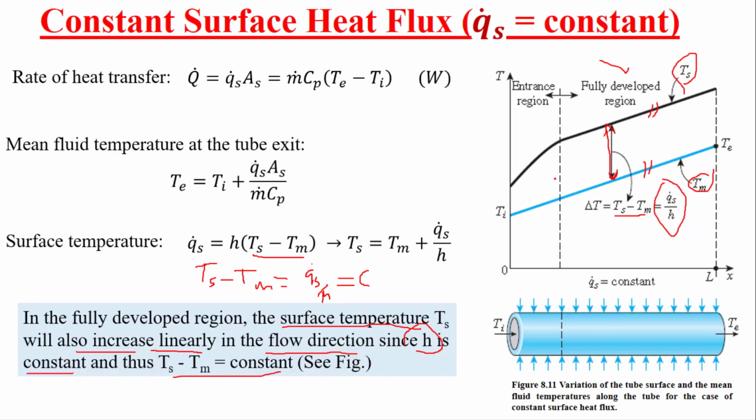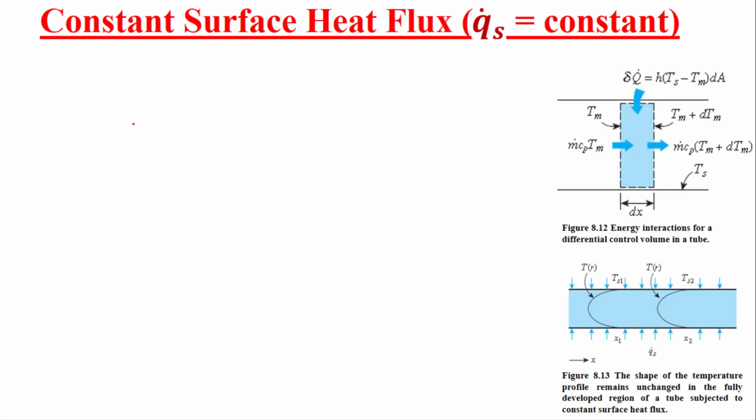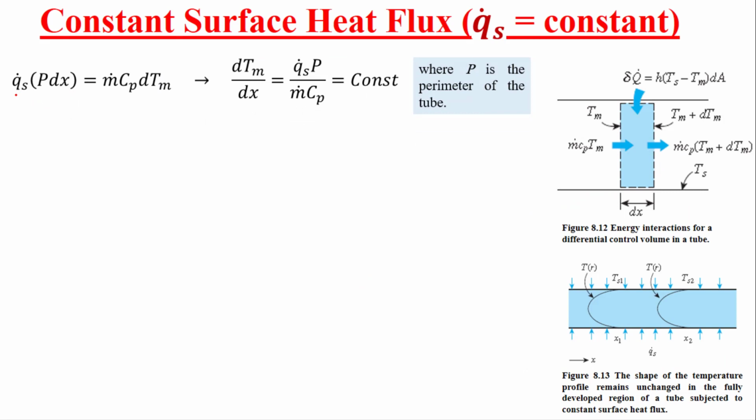Okay. Now let's take a portion of the fluid, only a small portion. So what will happen to this equation? This term will be affected, and also this term will be affected. Here it is: q surface multiplied by area surface.